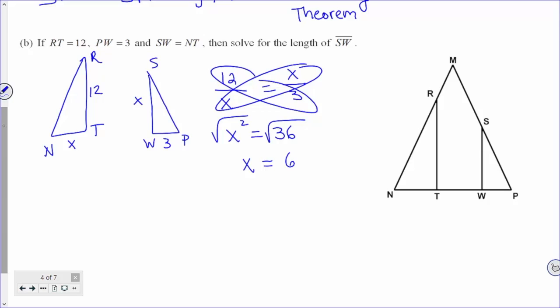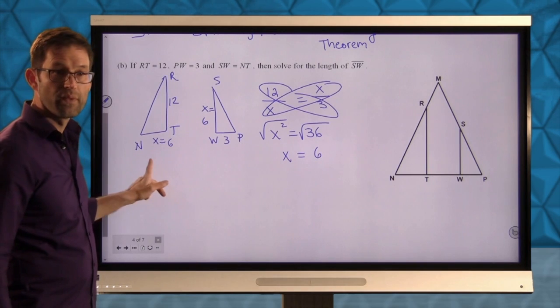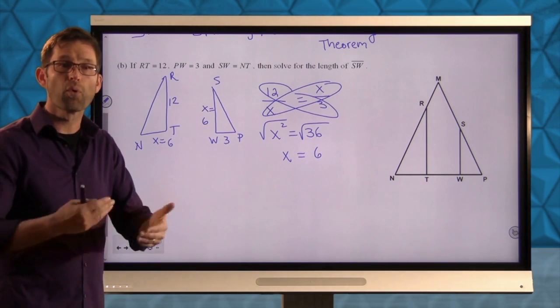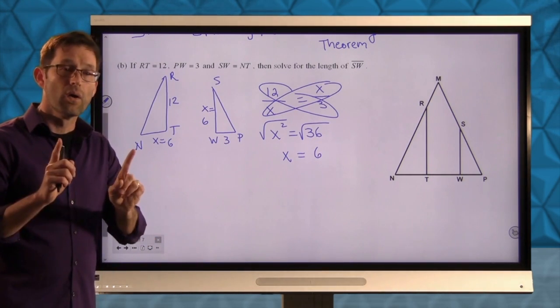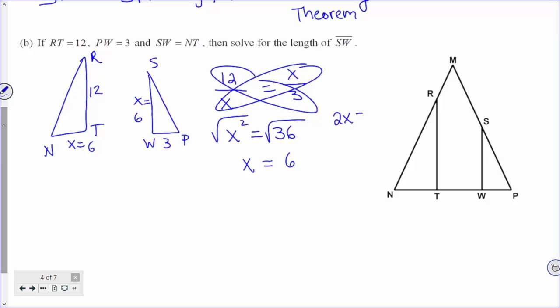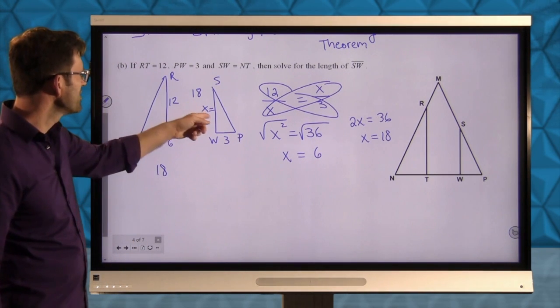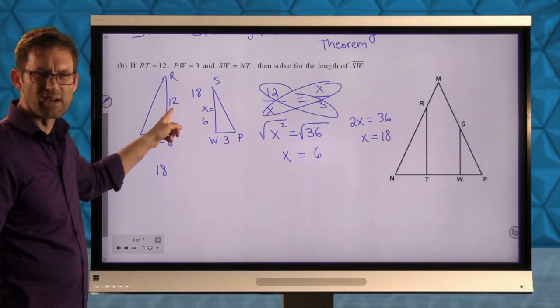Now, it's very easy to check to see that's right. I'm going to just put a little 6 here, put a little 6 here, because 12 divided by 6 is 2, and 6 divided by 3 is 2. That proportion stayed the same. Think about how much trouble I'd get into if I did this and I got 2x is equal to 36. Then x would be equal to 18, right? I'm just going to write this down here. These are wrong answers. And that would be very weird, because then somehow this side would end up being longer than that side.